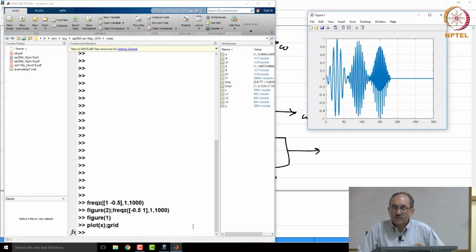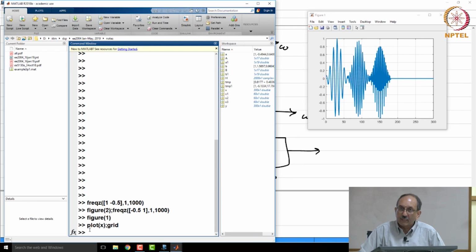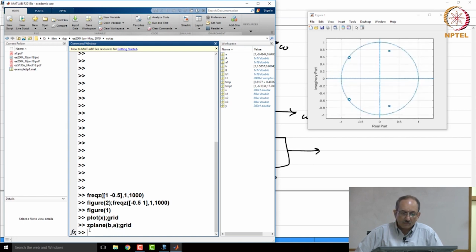Okay. Now, let us look at what the first system is. Let us look at what H1 of Z is. So, this is what the first system is, and you can expect gain around this frequency region to be high, because you are getting close to this pole. This 0 is almost on the unit circle, therefore, you can expect a frequency response dip here.